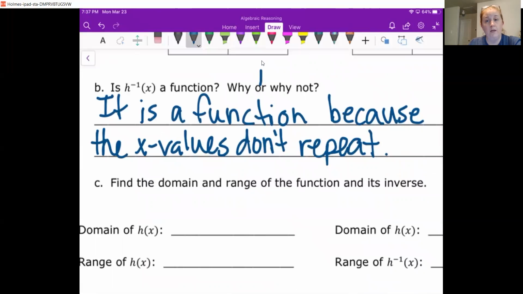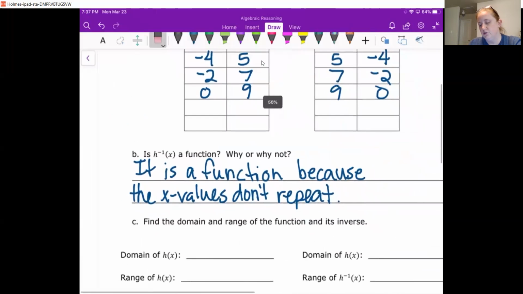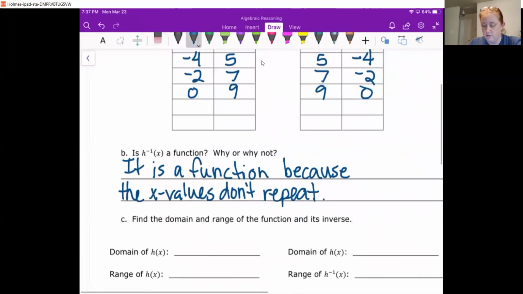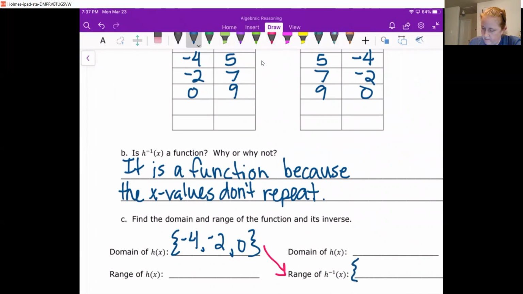All right, domain and range, very similar to what we did before. Our original domain is our original x's, so that is a -4, -2, and a 0. And again, for the inverses, that is our new range. -4, -2, and a 0.